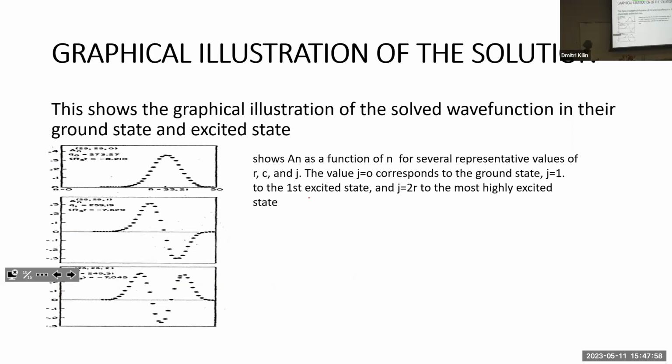So if you visualize the graphical illustrations of the solution, as I said earlier, A_N shows A_N as a function of n for several values of R, C, and J. If J equals 0, it means that we have our ground state, and J equals 1 is our excited state, and J equals 2R is the most highly excited state. This is a graphical illustration.